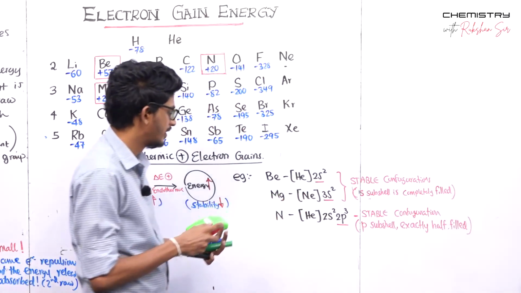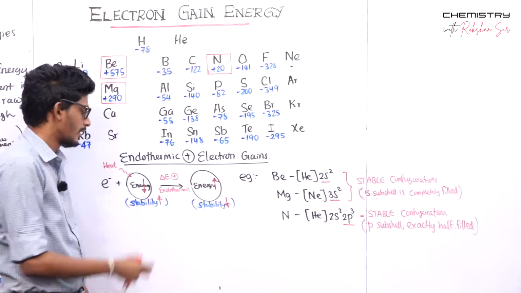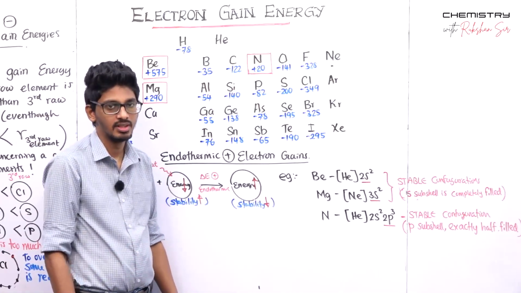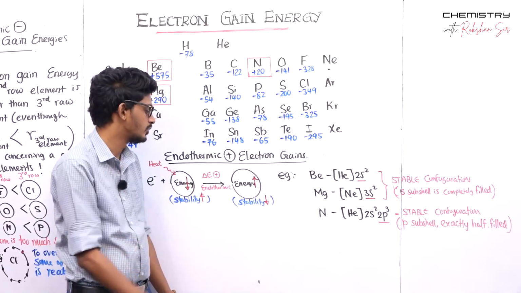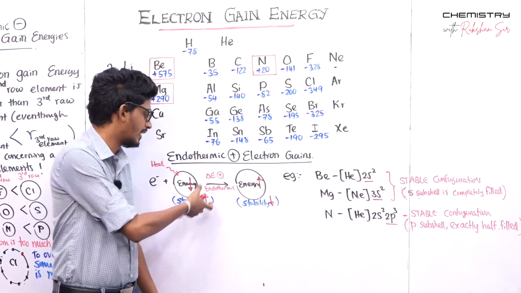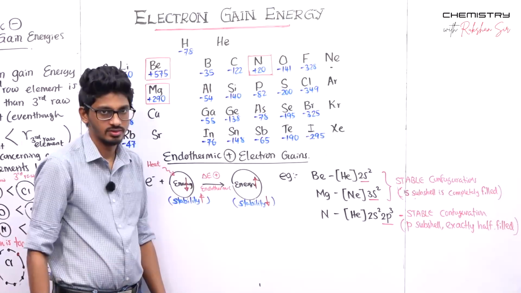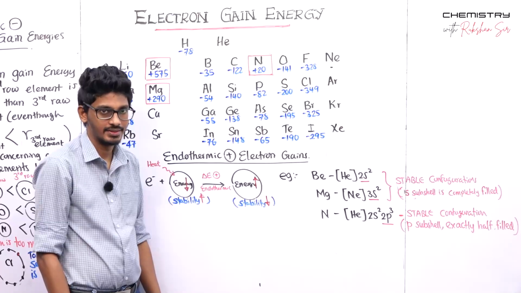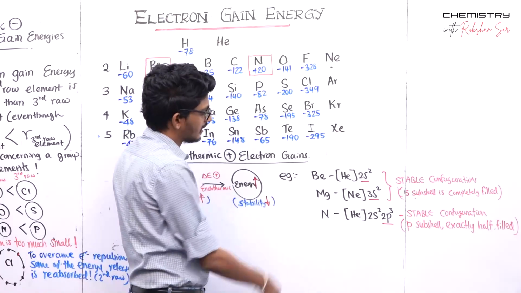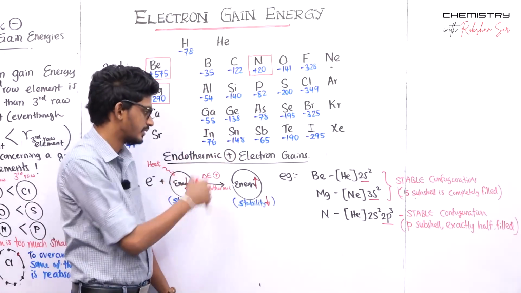Stable configuration. So when you are with such stable configurations at the beginning, by adding an electron, as you lose that stable configuration, you are not keen to do that process. As you are becoming unstable, stability decreases by gaining that electron. So only these guys are with such a situation.